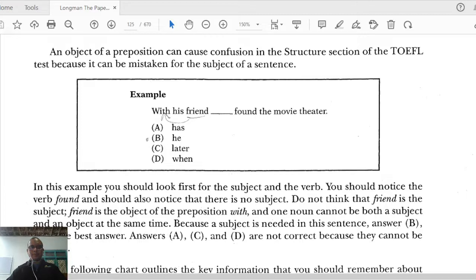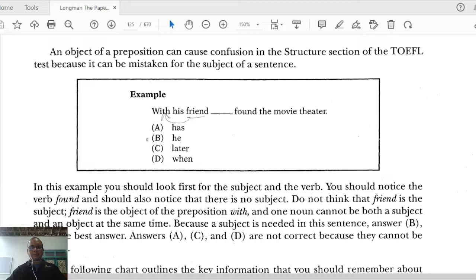Oh yeah, this one. An object of preposition can cause confusion in the structure section of the TOEFL test because it can be mistaken for the subject of a sentence. With his friend. Nah, contohnya seperti ini. In this example, you should look first for the subject and the verb. You should notice the verb found.